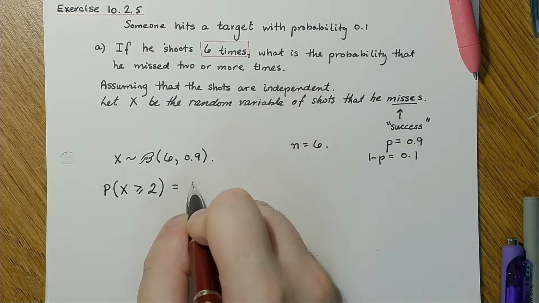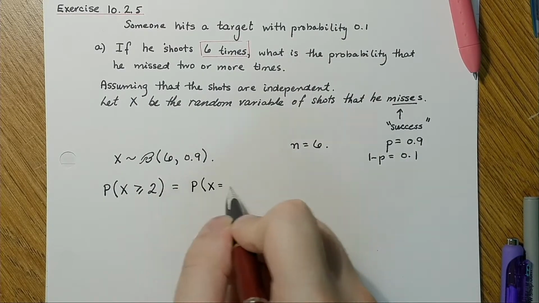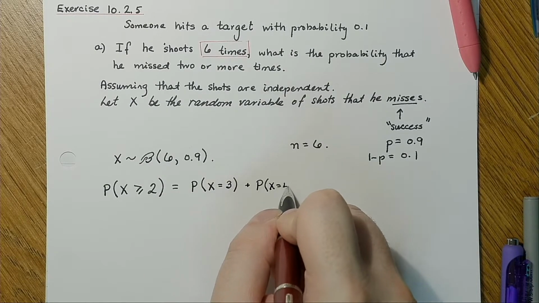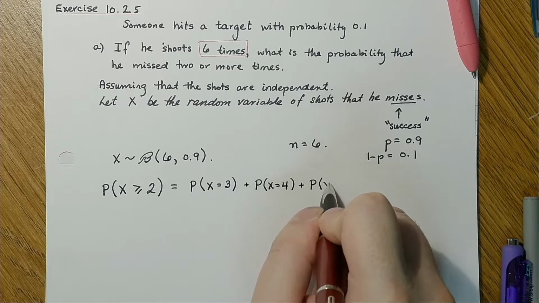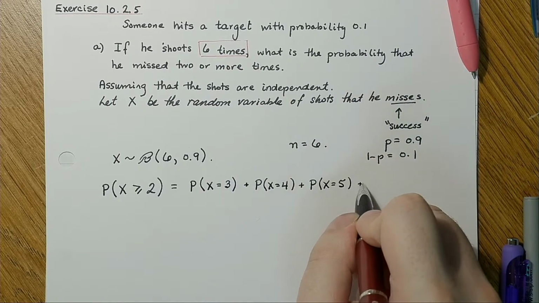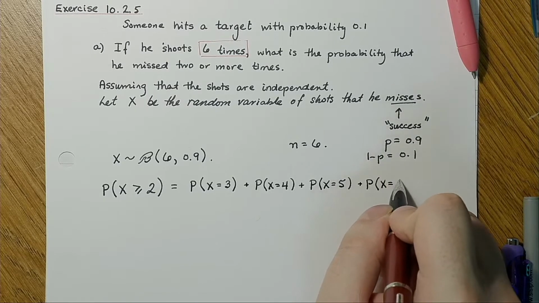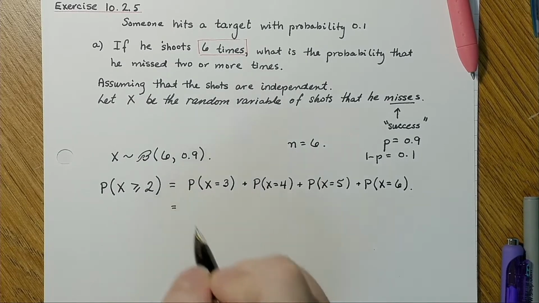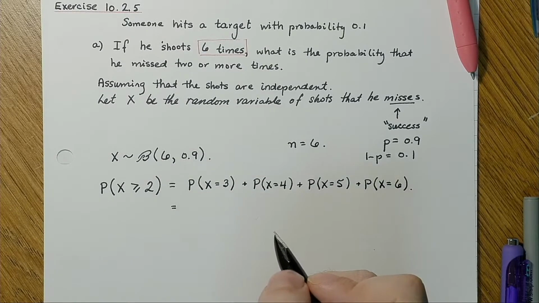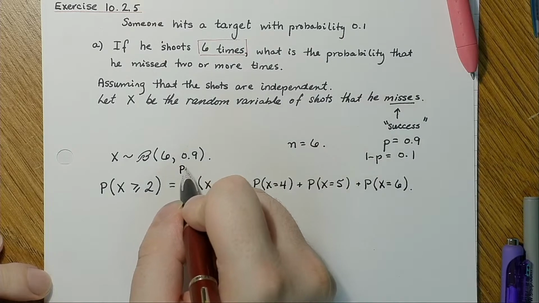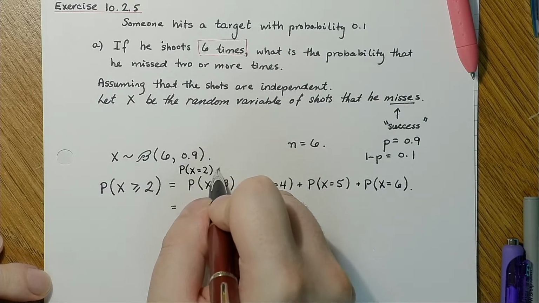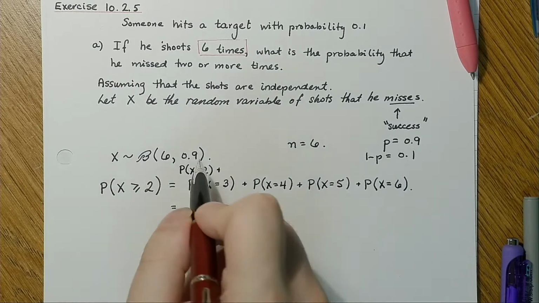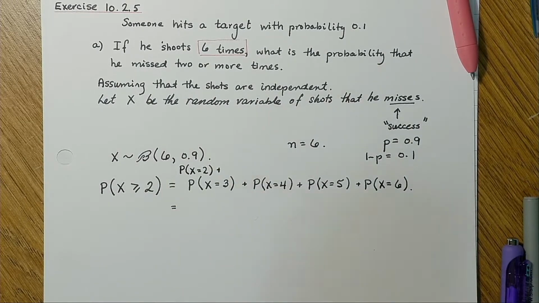One way you could do it is calculate the probability for x equals 3 plus the probability x equals 4 plus the probability of x equals 5 plus the probability that x equals 6. And that can take a while. Oh, and I also need to have plus the probability of x equals 2, right, because it includes 2. So 2, 3, 4, 5, 6. That's a lot of calculations.